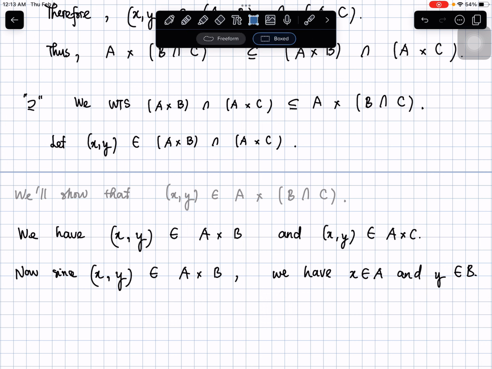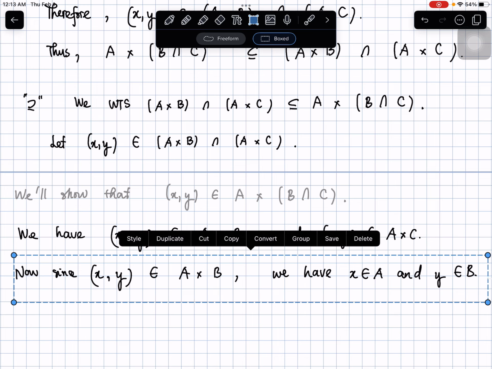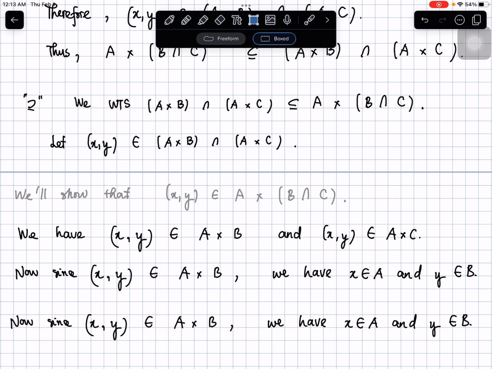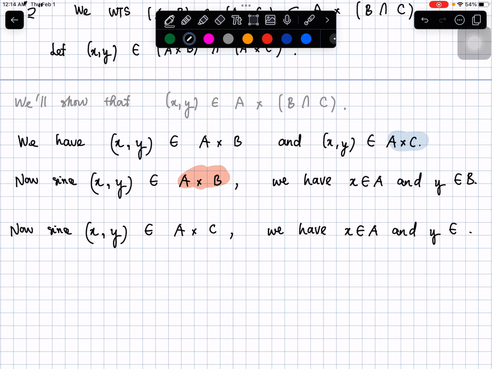And similarly, we can do the same thing for the other Cartesian product. We did it for the first set, and now we do it for the other one, A cross C. So x in A, but y is now in C. Okay. y in C for the first one, and y is in B for the other.